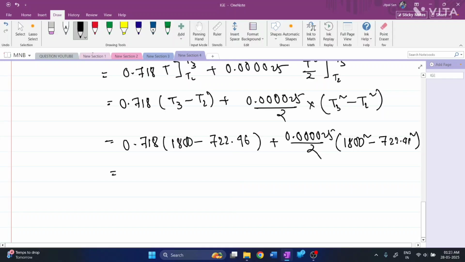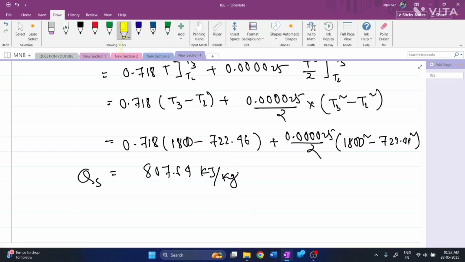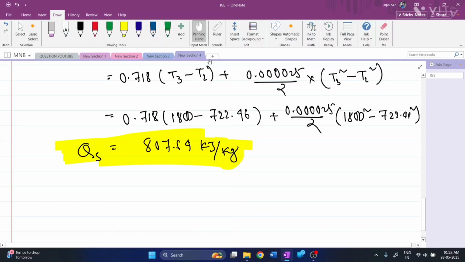From this we get 807.64 kilojoule per kg. So this amount of heat is supplied per kg of air. That is, 807.64 kilojoule of heat is supplied per kg of air.